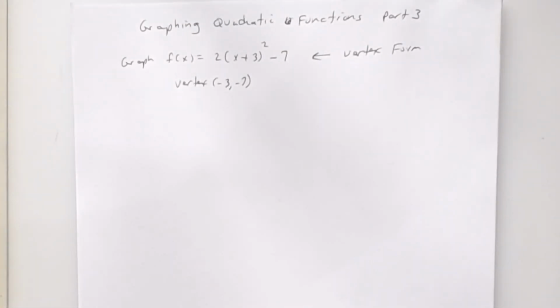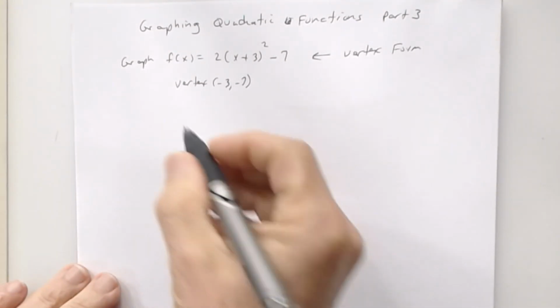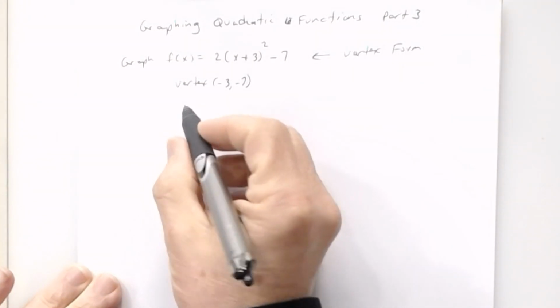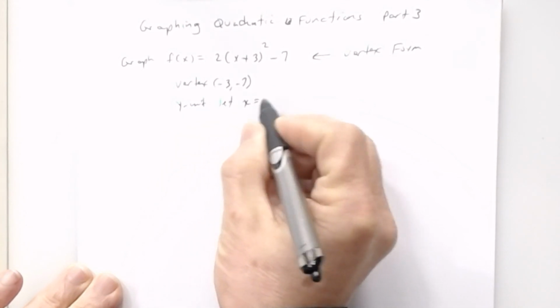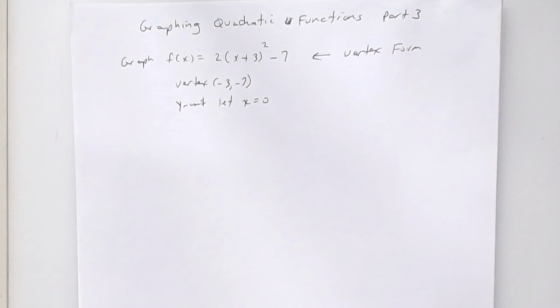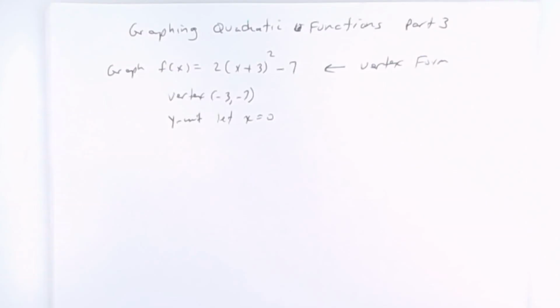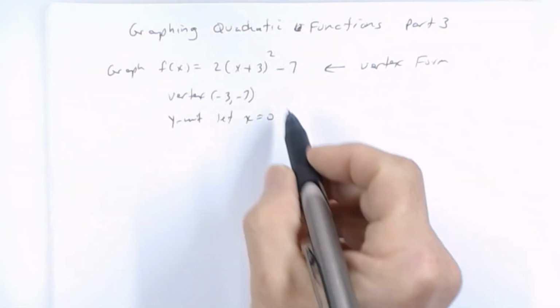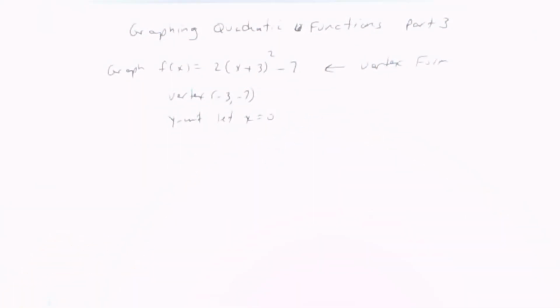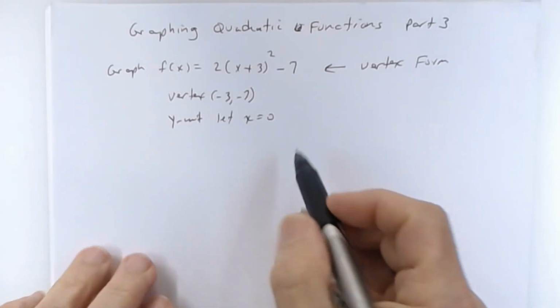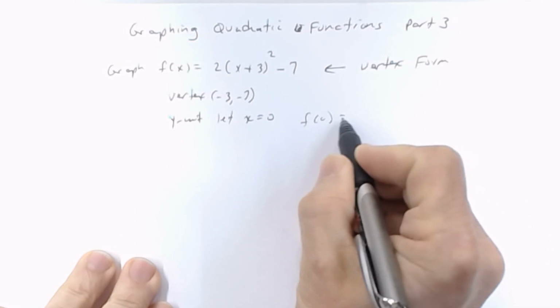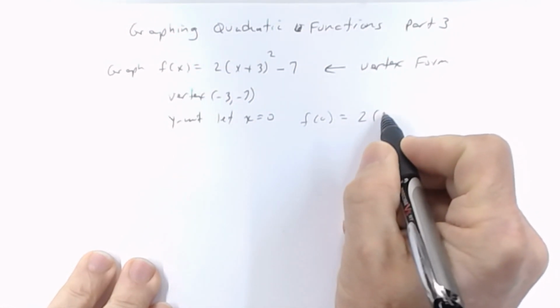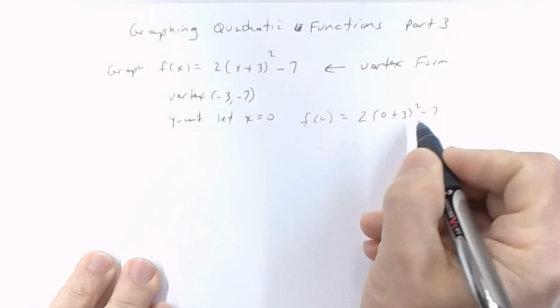All right, so then we can find the y-intercept, right? How do you find the y-intercept? You're going to let x equal 0. So when I substitute 0 for x, I get f of 0 is 2 times (0 plus 3) squared minus 7, correct?